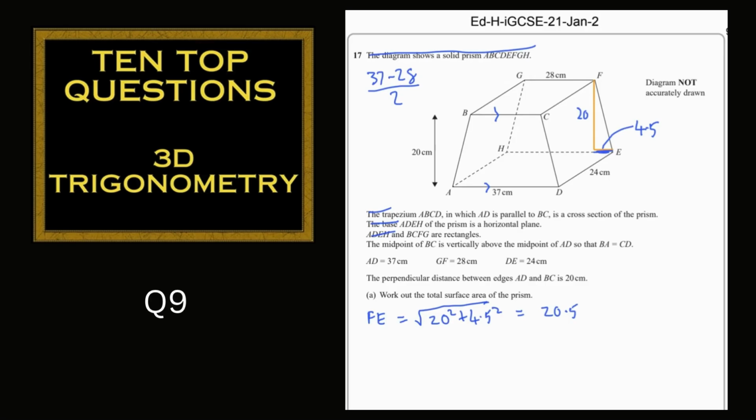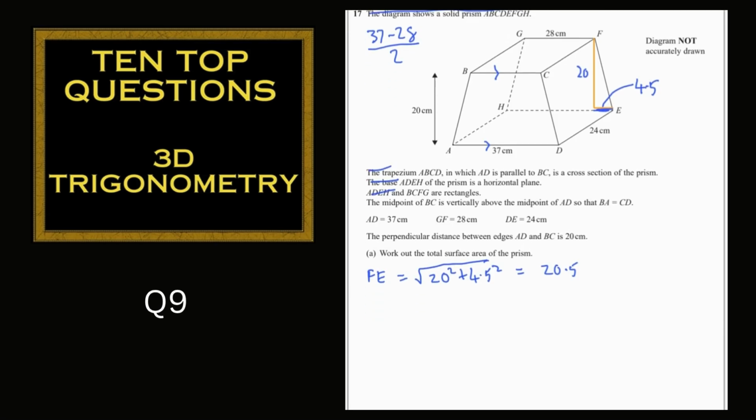What we also have, by the way, is the front. Well, we've got the 28 and the 37, and therefore we've got the back. We can now jump in that the surface area, let's do it all in one go. The base, I've already said, added to the roof, I've already said, 28 by 24.